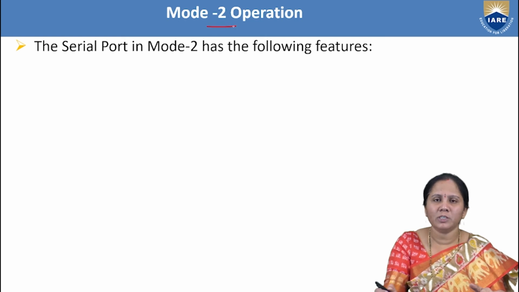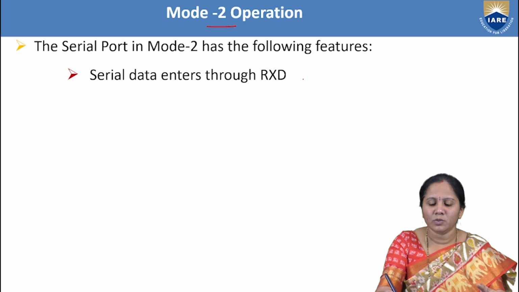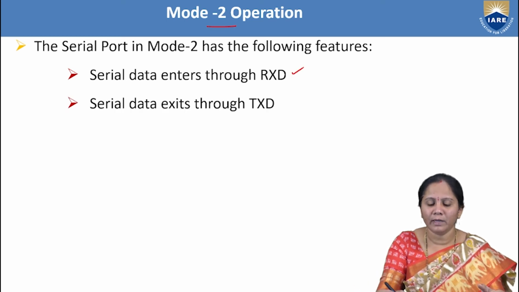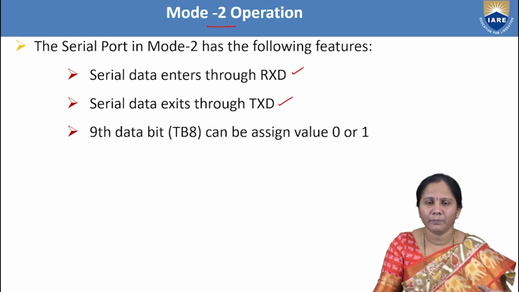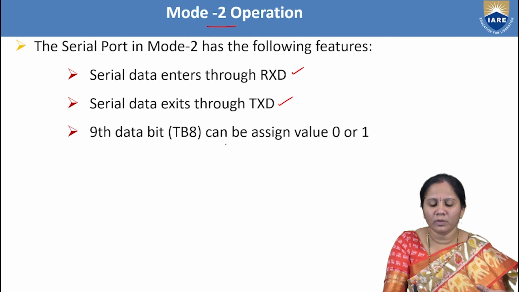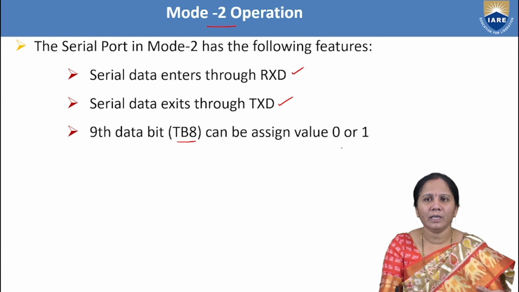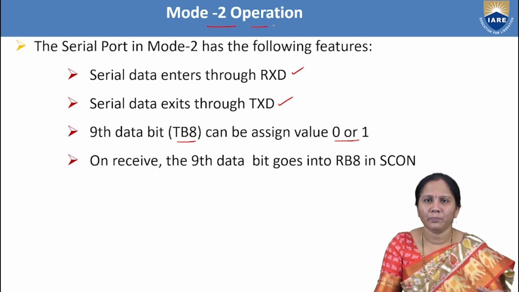Another mode of operation is mode 2, having the following features. The serial data enters through the RxD pin and exits through the TxD pin. The 9th data bit in the SCON register, that is TB8, can be assigned a value of either 0 or 1 when operating in mode 2.